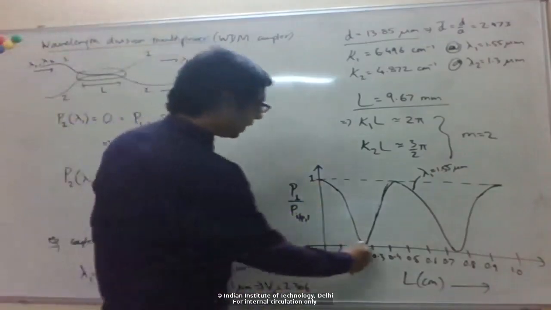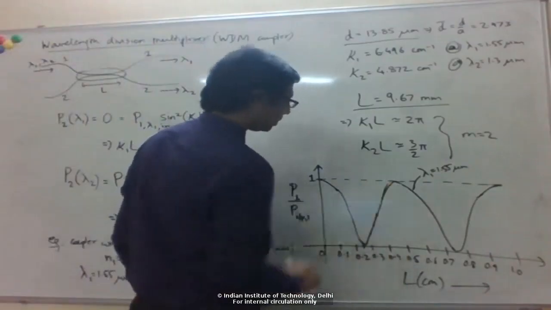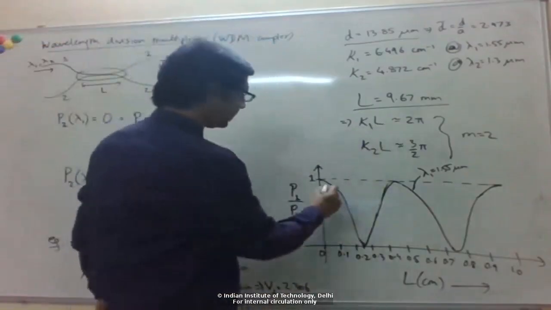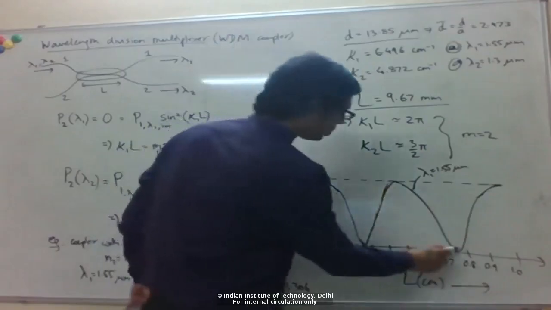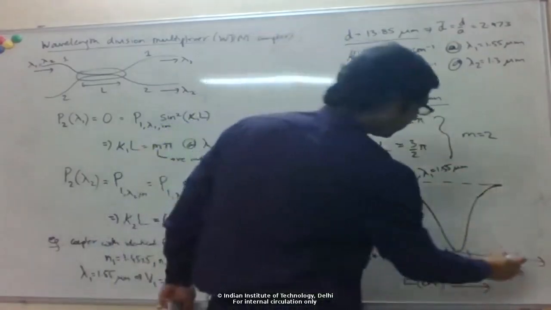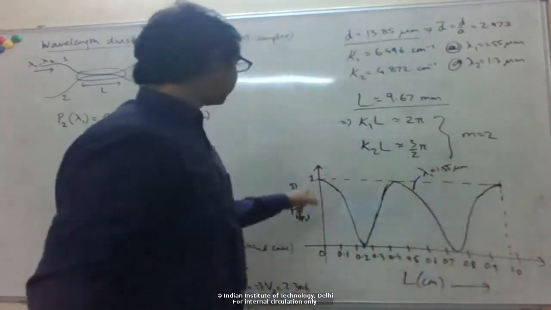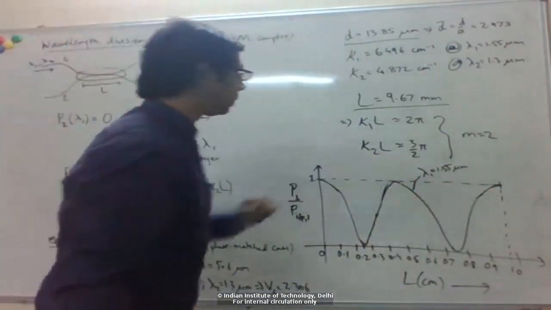Then if I increase another pi by 2, then power comes back to port 1. Now recall here kappa 1 L is 2 pi, so basically we get 4 times this power transfer, pi by 2, pi by 2, pi by 2, pi by 2. At this length 9.67, which is somewhere here, the power has come back to port 1 for lambda 1.